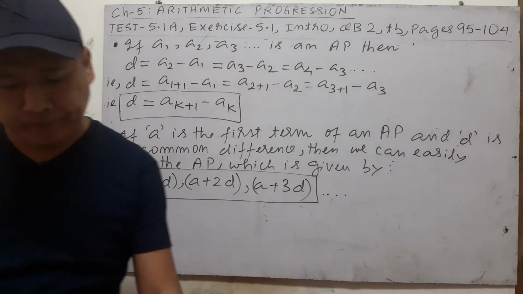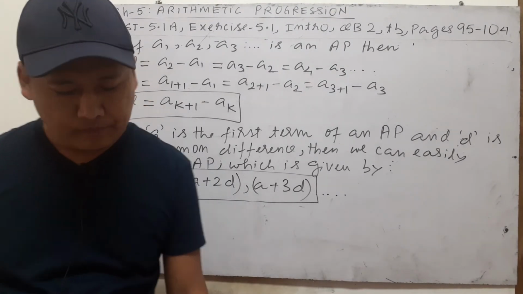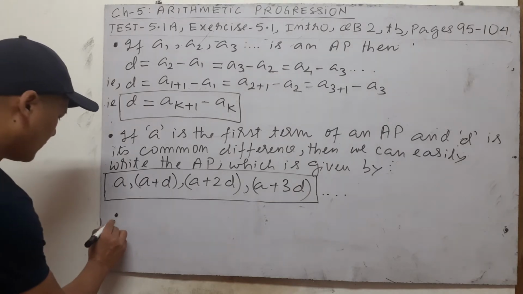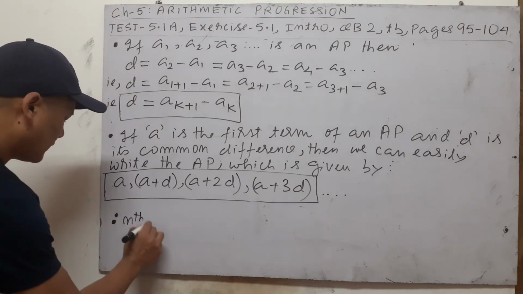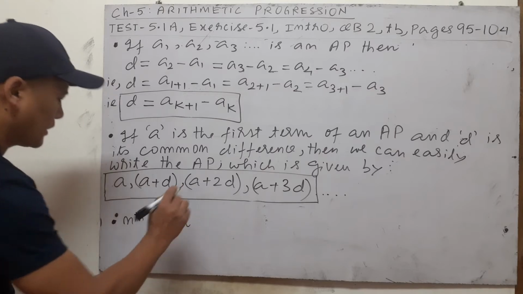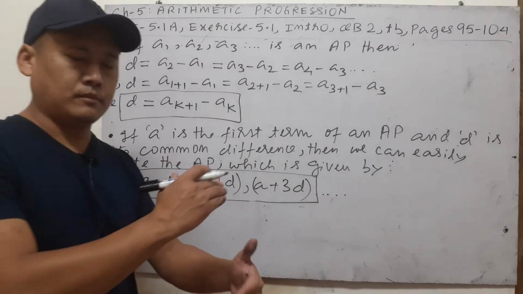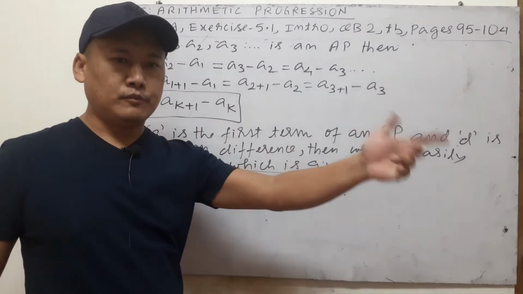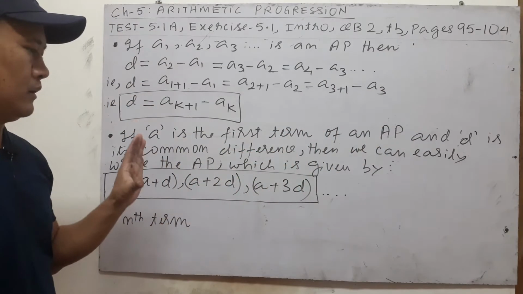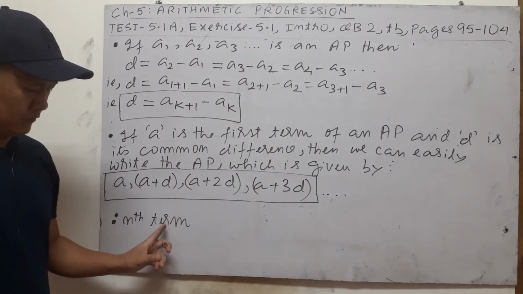Now here, another formula, the nth term. The nth term can be the 5th term, 7th term, 3rd term, 20th term, 25th term, whatever. n indicates actually the position of the term.